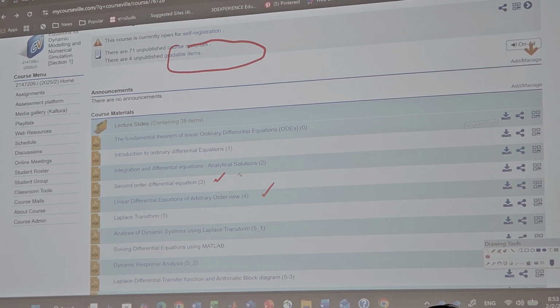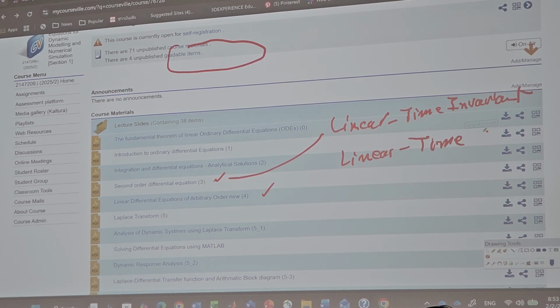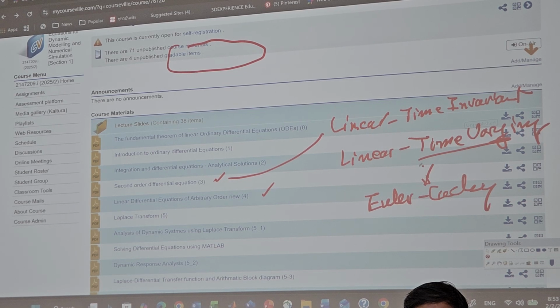We just limit to linear, linear time invariant, and linear time varying, but this one only Cauchy order, only.